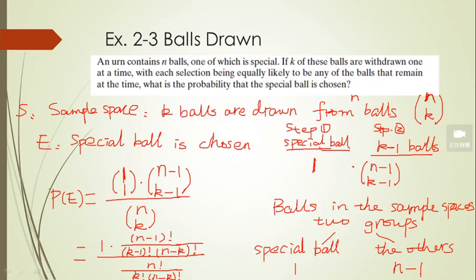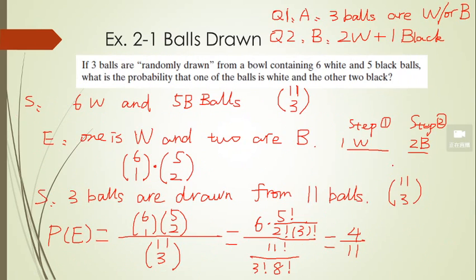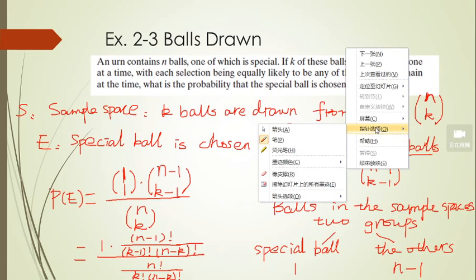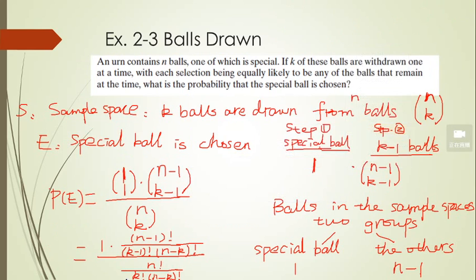So let's cancel some terms. Here the n minus k factorial cancels. n-1 factorial cancels, so we leave the n. k-1 factorial cancels, we leave the k. So it's n over k in the denominator. So you flip this k to the top. That is k over n.